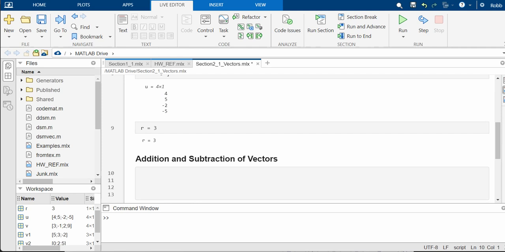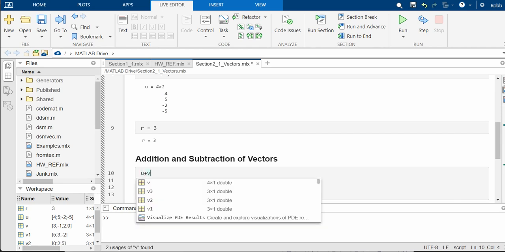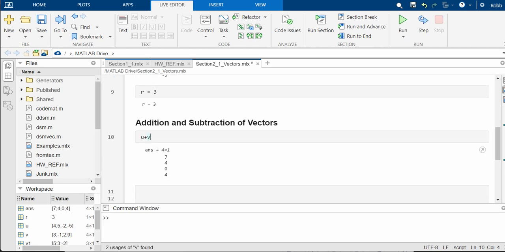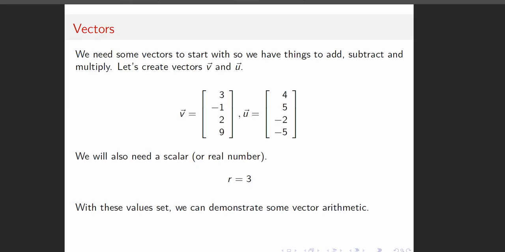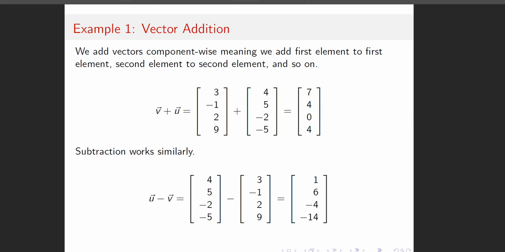And so addition and subtraction, so we have U plus V, and you can see the vector 7, 4, 0, 4 is the column vector, that's the answer, when we add U and V. Okay, so what's going on here?